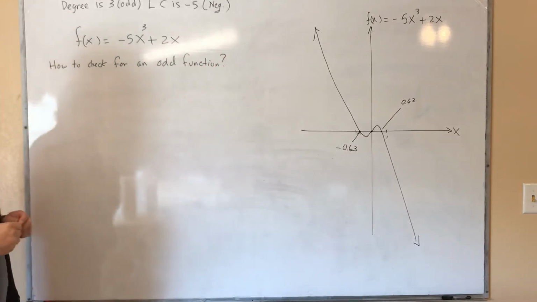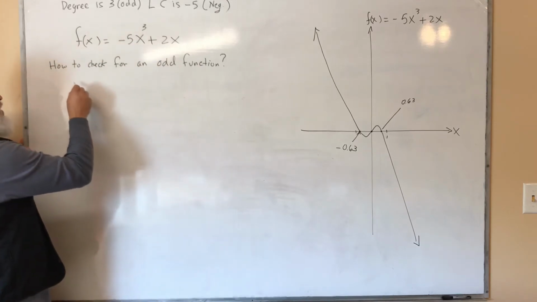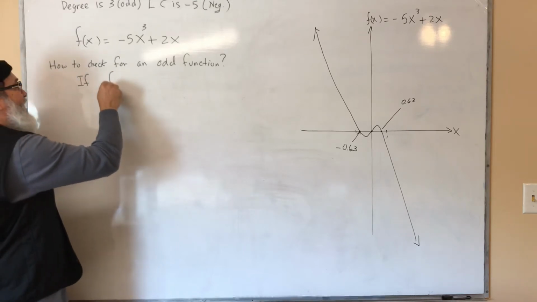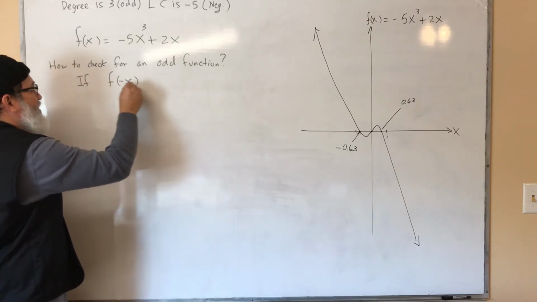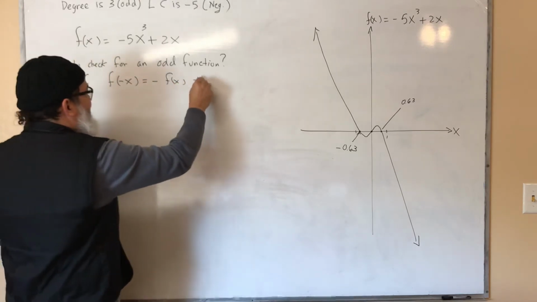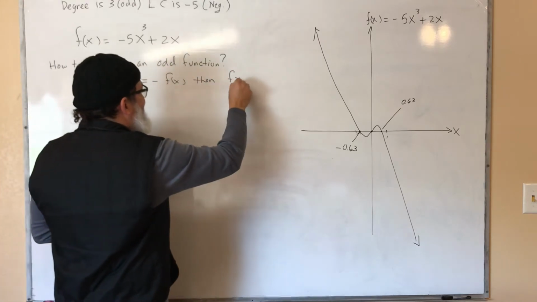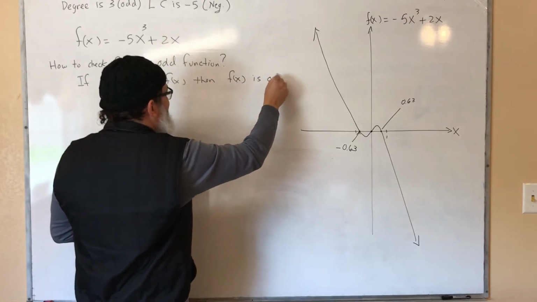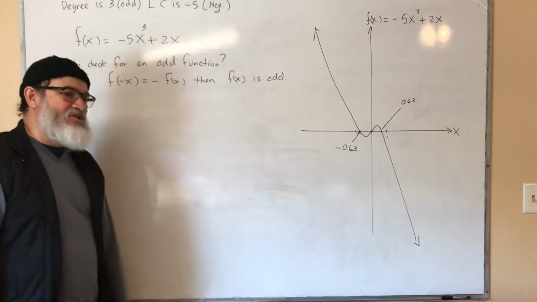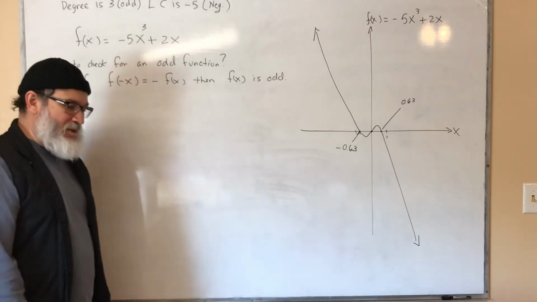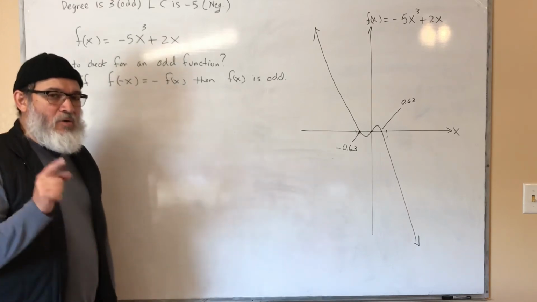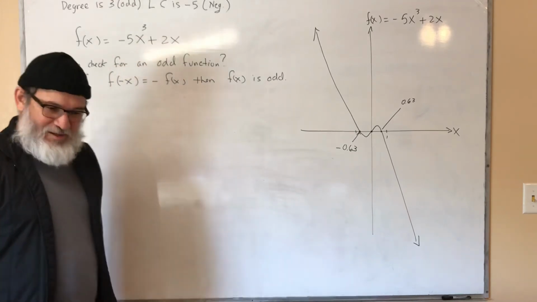Here's what we do. If f of negative x equals negative f of x, then f of x is odd. If someone asks you, what is an odd function? Your answer should be, odd functions are symmetric with respect to the origin. But what does that mean?